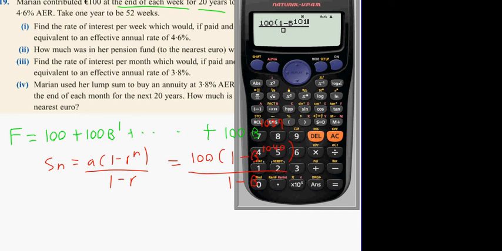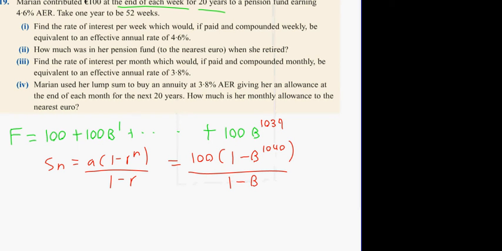Now, 1 minus B. Okay, put it in. 168,540.782. Okay, that's a bit of a mouthful.